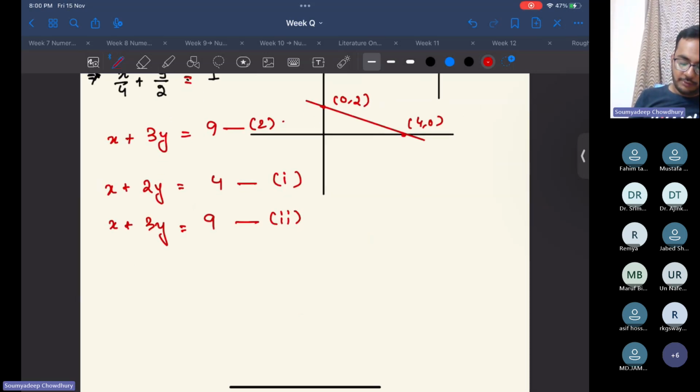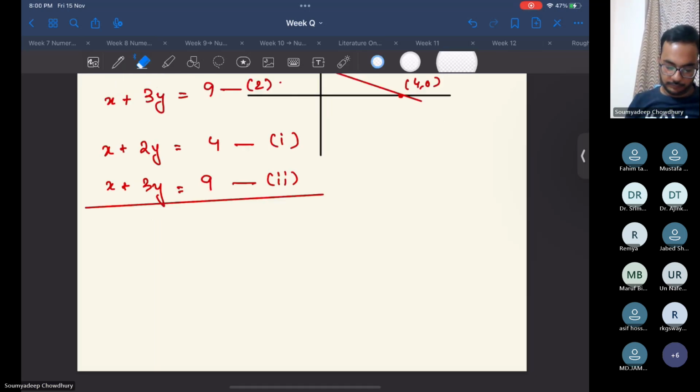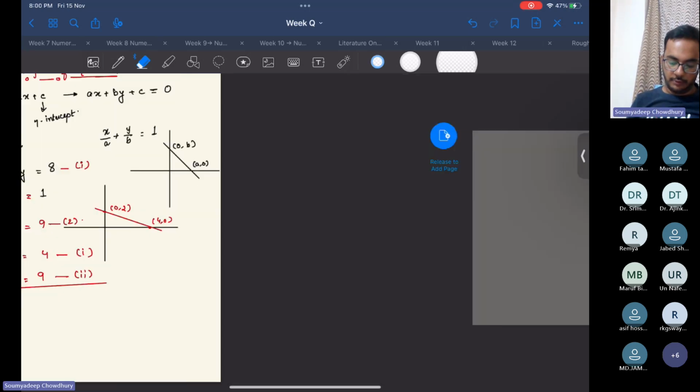You can obviously use the elimination technique and solve this. But I will show you a technique, the graphical approach, how to interpret it graphically, so you will understand better. Draw in the next page.